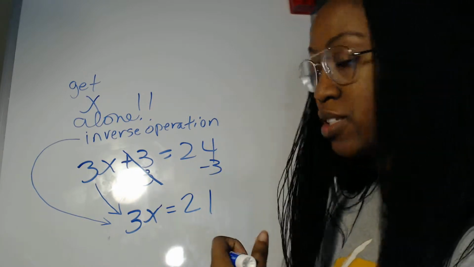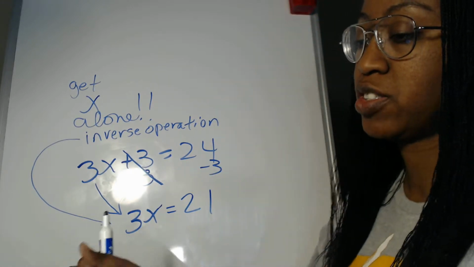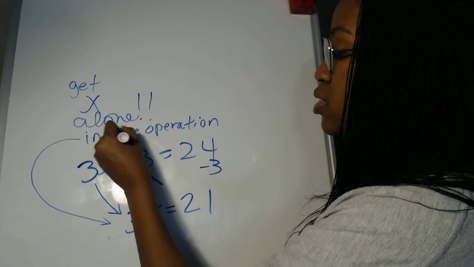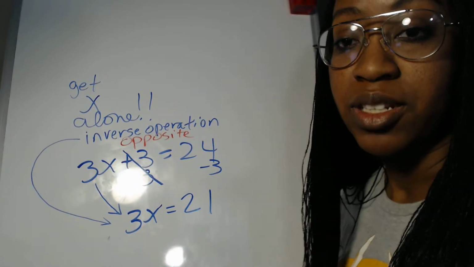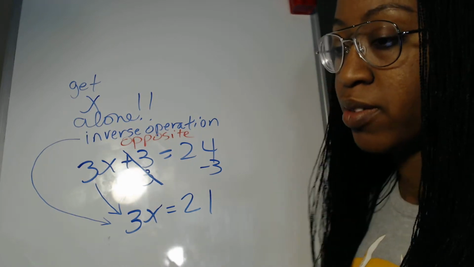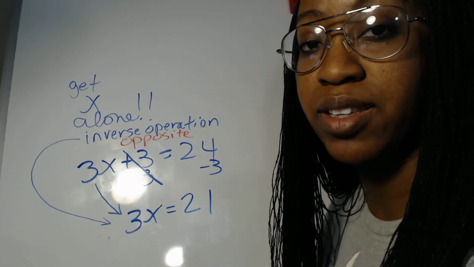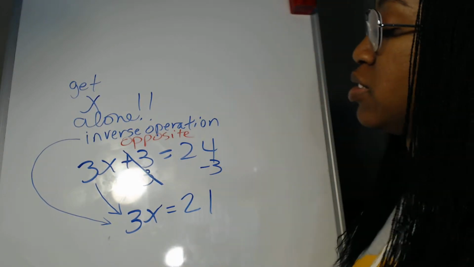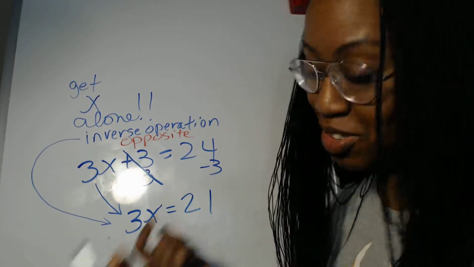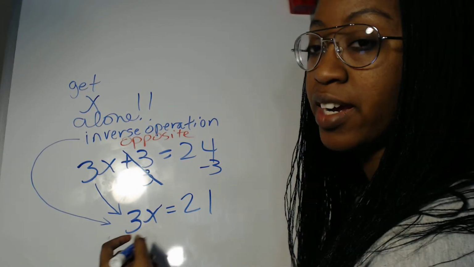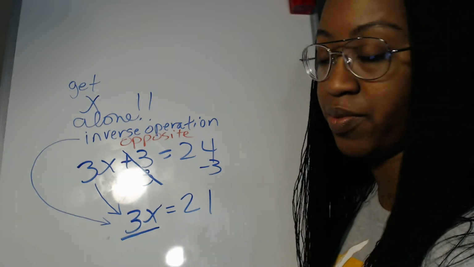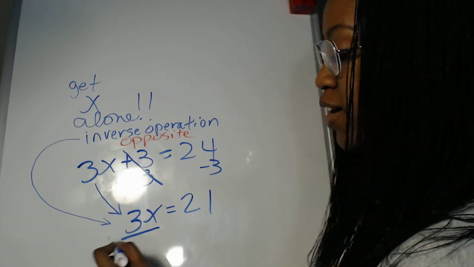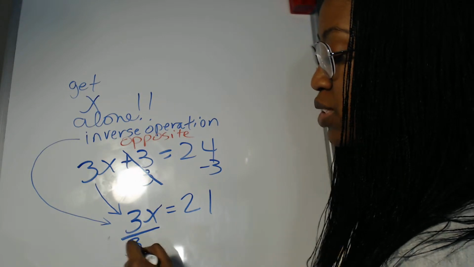Inverse operation means do the opposite. What is the opposite of multiply by 3? The opposite of multiply by 3 is divide by 3. And whatever you do on one side, you do to the other. So I like to draw the division sign like that as a fraction bar. Divide by 3.